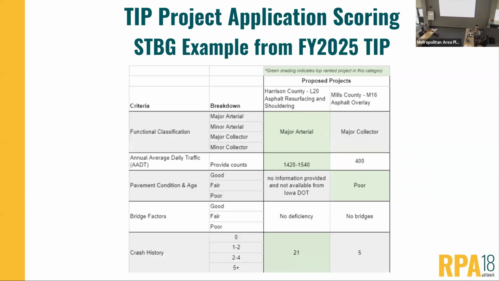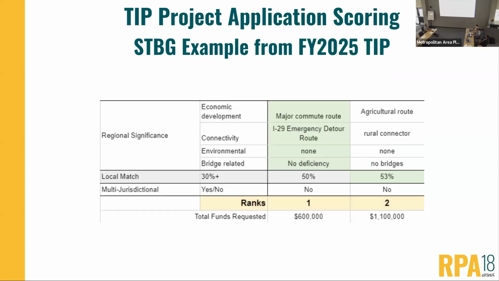The green shows that it's a higher ranking than the gray, and basically different scoring criteria were assigned, whether it was categories like good, fair, poor, or numbers, and then the projects were ranked according to those factors.